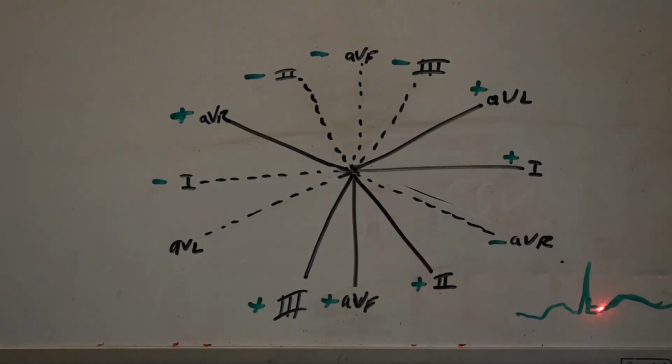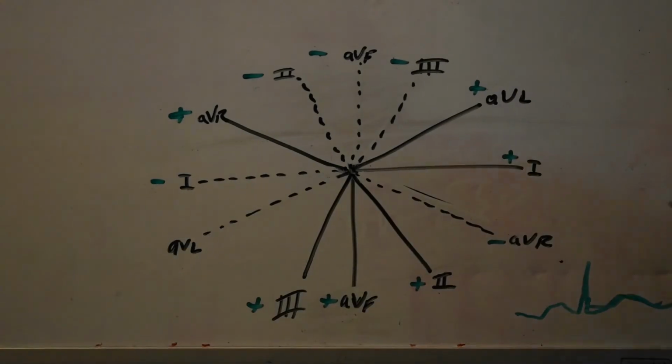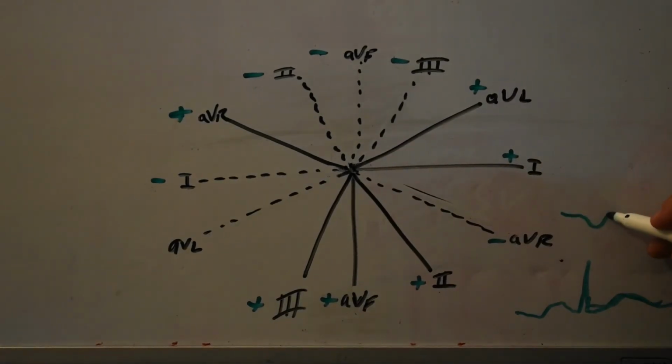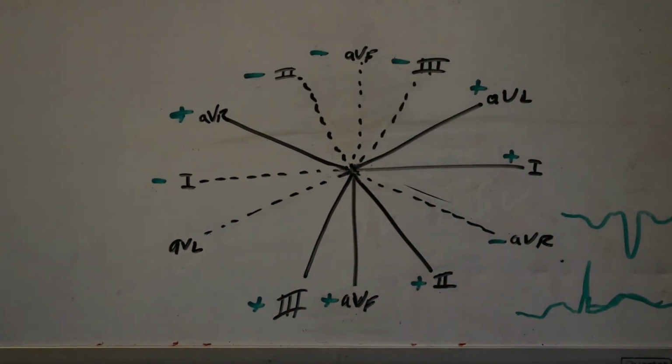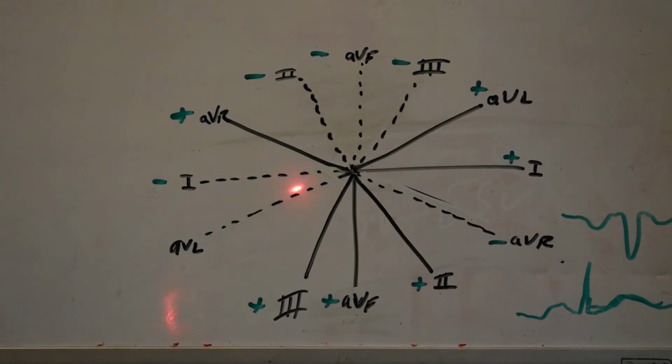Now, if we were to look at lead AVR, and we had a normal electrical current traveling down this pathway, what we should see in lead AVR is negatives. We should see everything being negative, right?